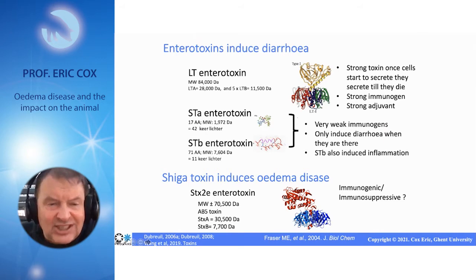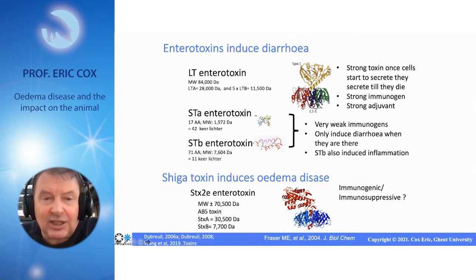Now, if you look at the Shiga toxin, it resembles the LT enterotoxin a little bit. It has a similar molecular weight, and it's also composed of an A subunit and a B subunit. In fact, the B subunit consists of 5 binding sites.